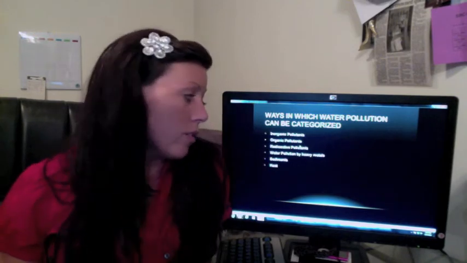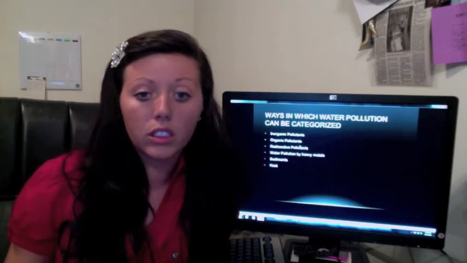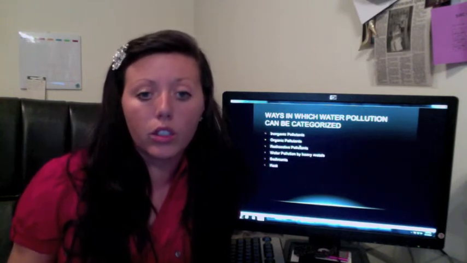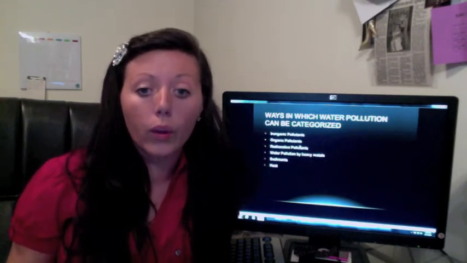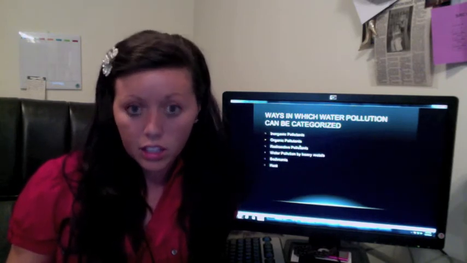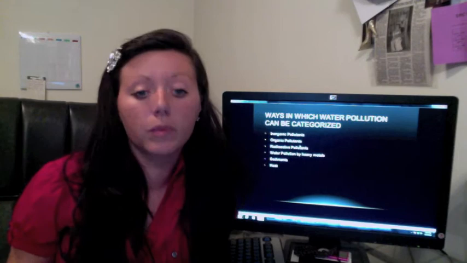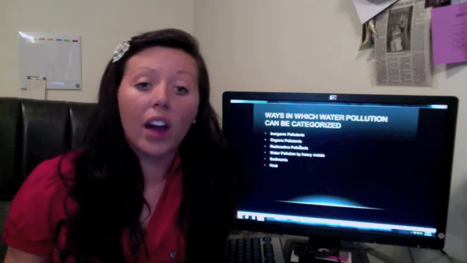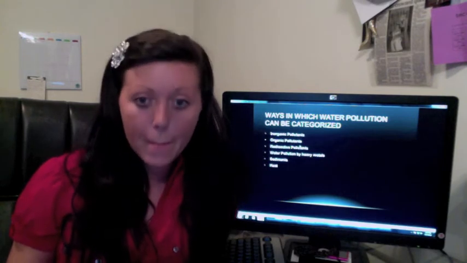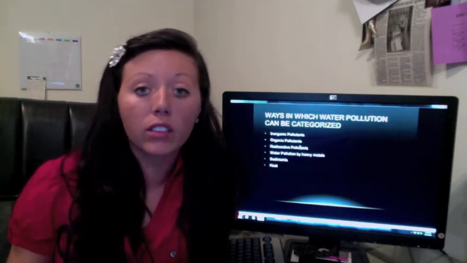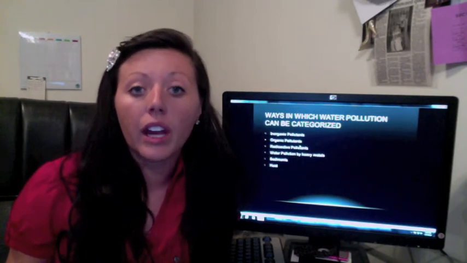And then we have organic pollutants, which includes plant nutrients, sewage, pesticides, oils, oxygen-demanding waste, and synthetic organic compounds. Next, we have radioactive pollutants, which include low-level radioactive waste, radioactive fallout, liquid and gaseous waste from fuel, and more.